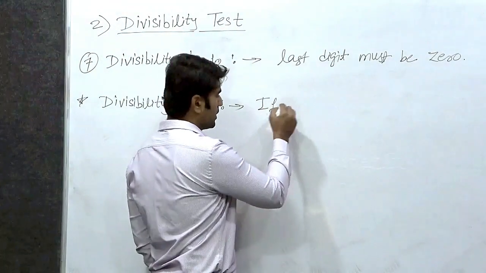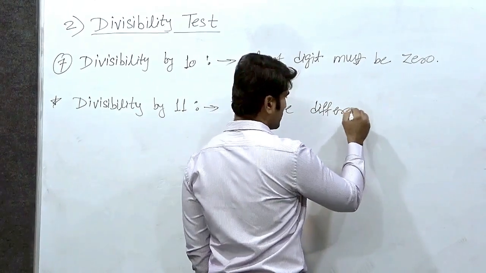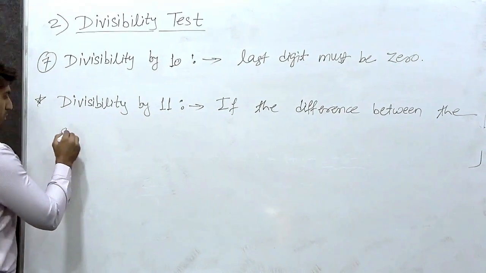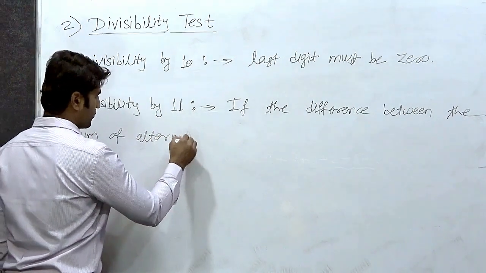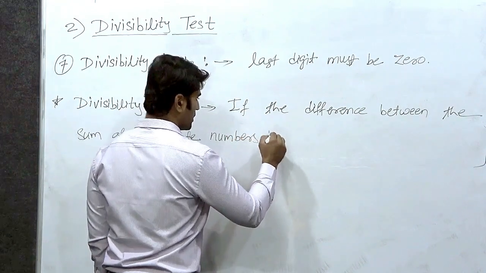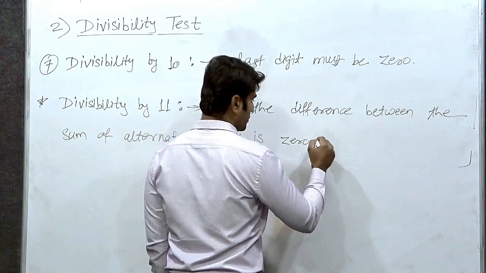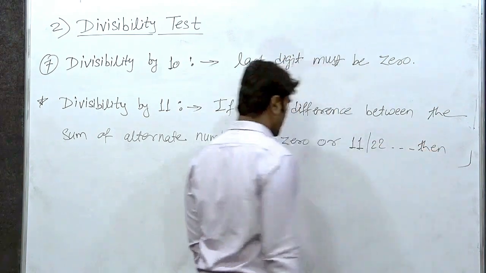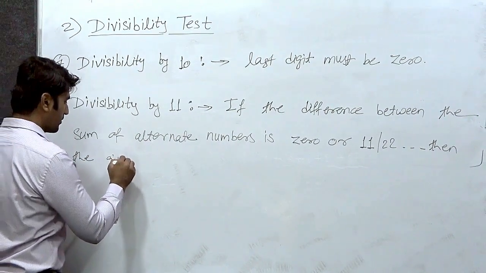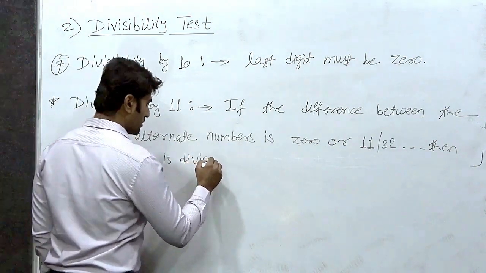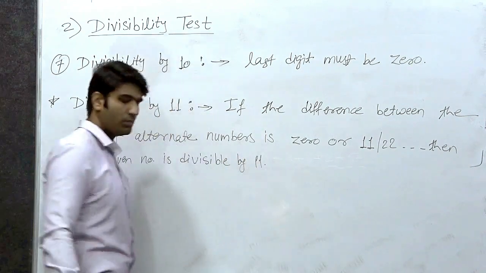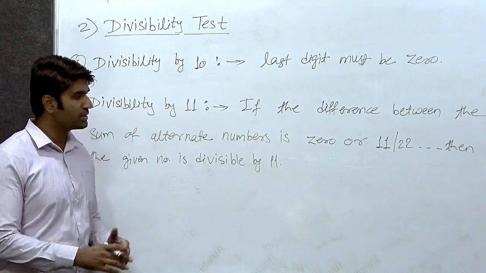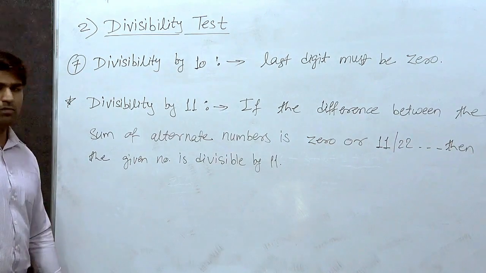The definition is, if the difference between the sum of alternate numbers is 0 or 11 or 22 like this, then the given number is divisible by 11.